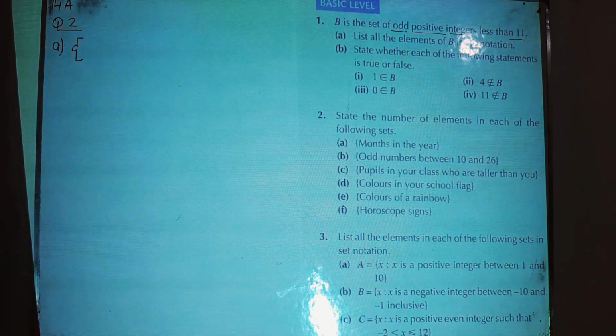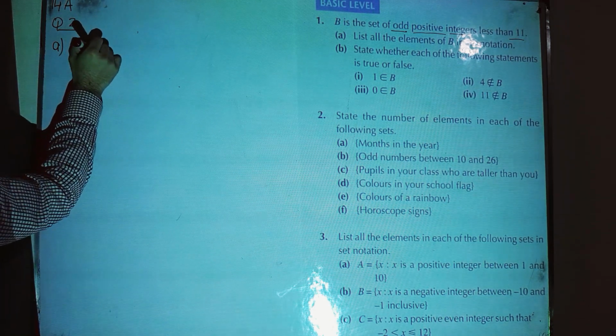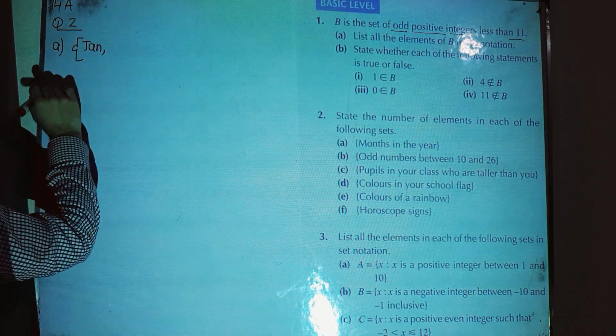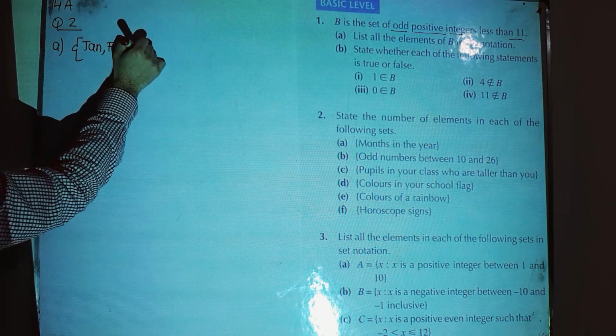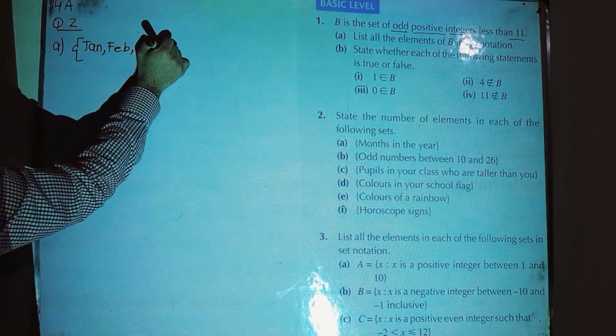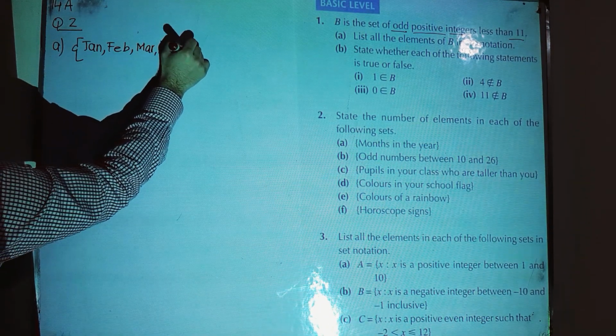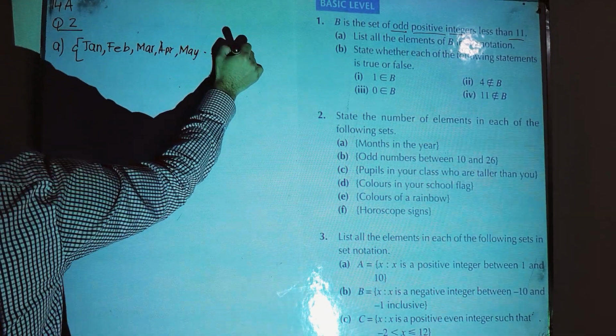Now just to have a better idea, we have how many months in a year? We have January. I am listing the elements. I am not writing the number of elements. January, February, March, April, May till December.